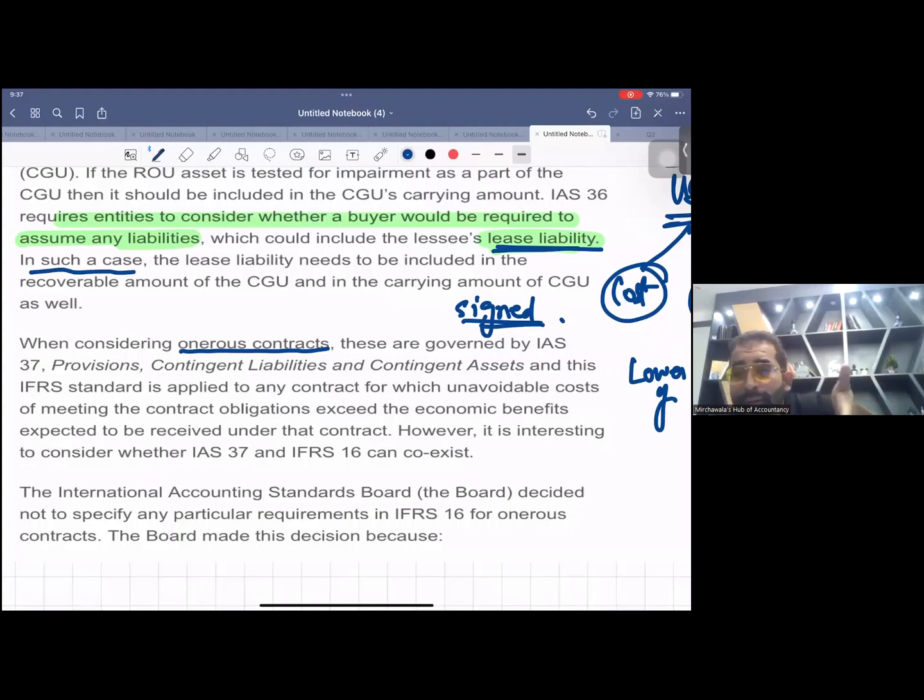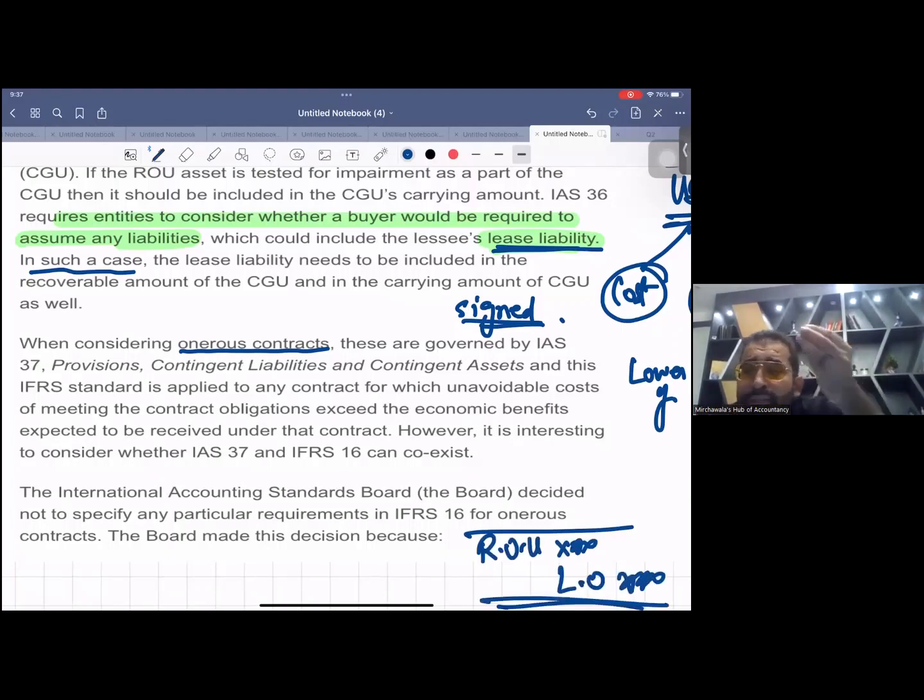But now what the latest IFRS 16 says is, even if it's a 2-year or 3-year lease, still you book ROU debit and lease obligation credit. If it is just a 2-year or 3-year lease, meaning more than 1 year, still you make this entry: ROU debit and lease obligation credit.